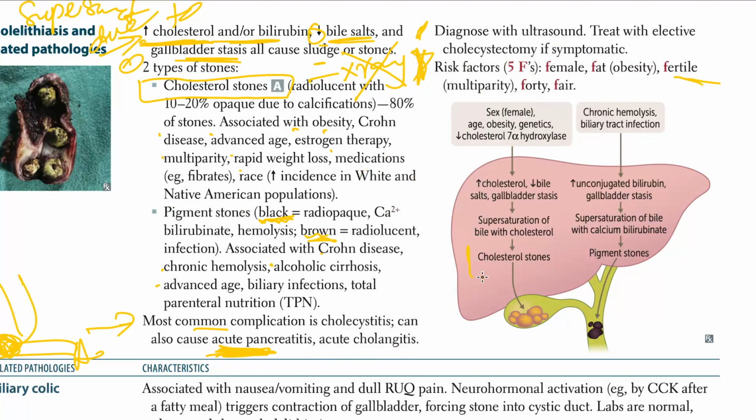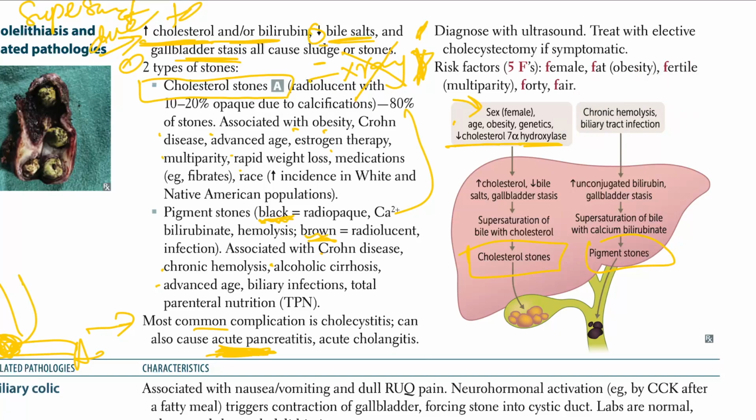You have cholesterol stones and how they're formed, and pigmented stones. The cholesterol stones come from female sex, advanced age, and, as we talked about here, obesity, genetics, and decreased cholesterol 7-alpha hydroxylase activity. If you remember the lectures from physiology, we mentioned how this enzyme leads to the formation of bile salts. So when you have a decrease in cholesterol 7-alpha hydroxylase, you have a decrease in bile salts.